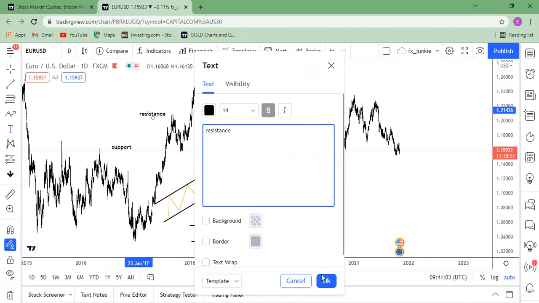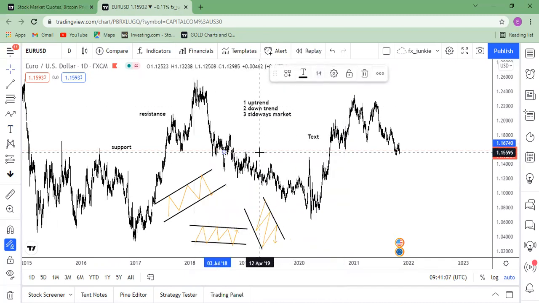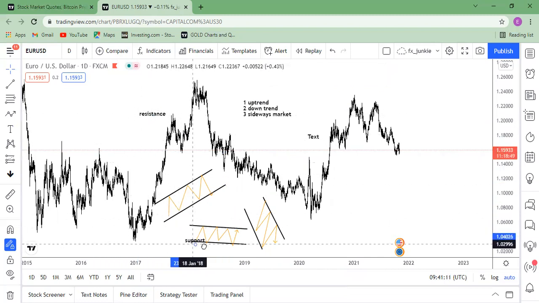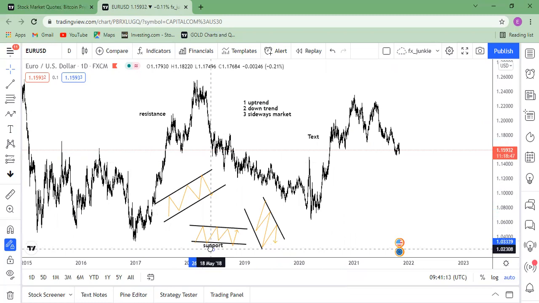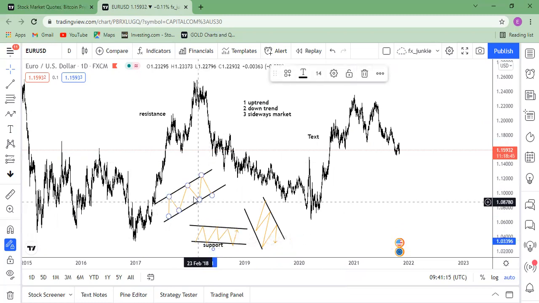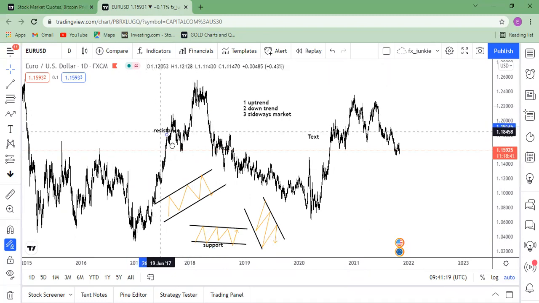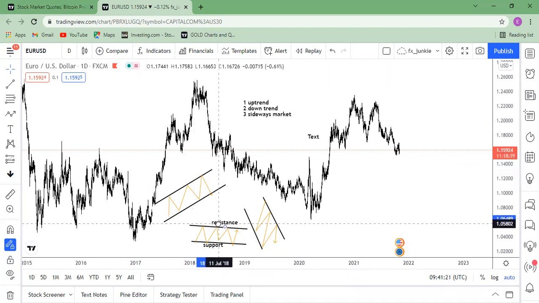When the market is failing to break a certain level from the downside, we call it a support. This is our support because the market is failing to break the downside. And if the market is failing to break the upside of a channel, we call it a resistance. This will be our resistance.